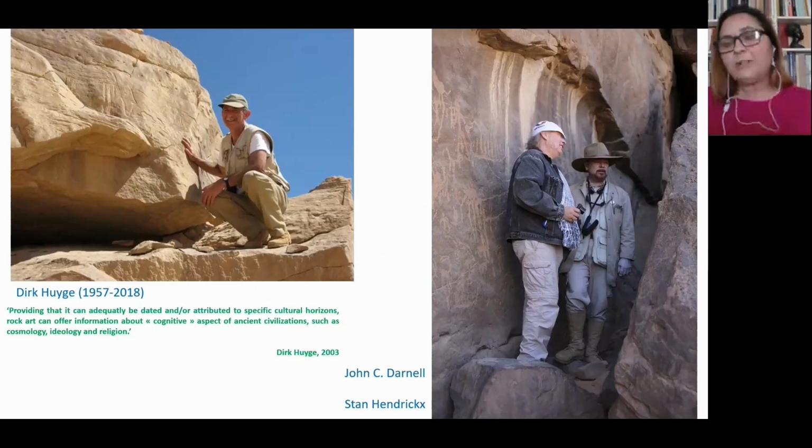Most of what we know nowadays is based on the work of the late Dirk Huygens and also of John Darnell and Sten Hendricks. These are the three major figures that in the last decades have consistently worked on ancient Egyptian rock art, particularly pre-dynastic rock art and its connection with the state formation period, the iconography of the pre-dynastic, early dynastic period.